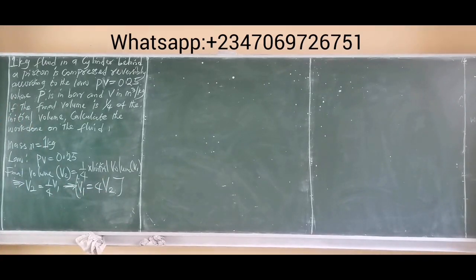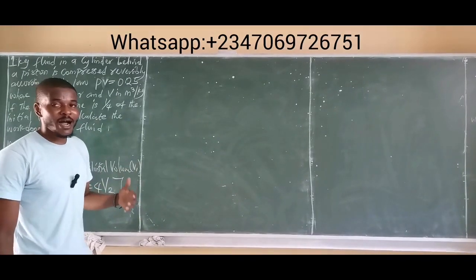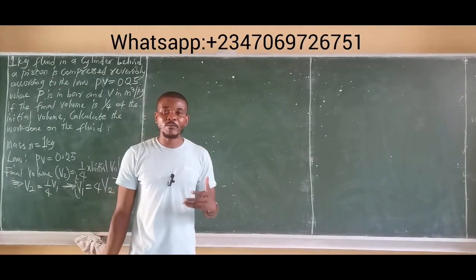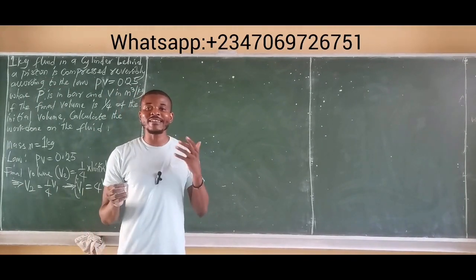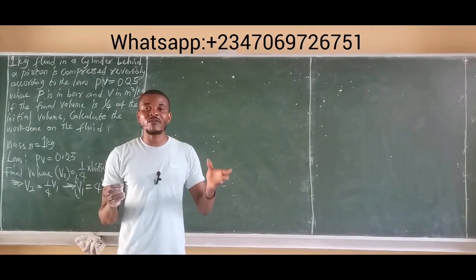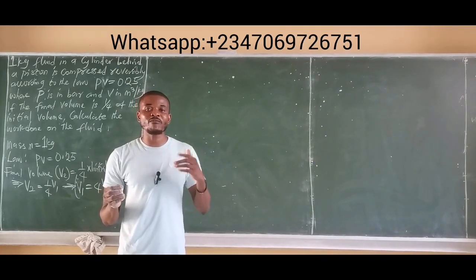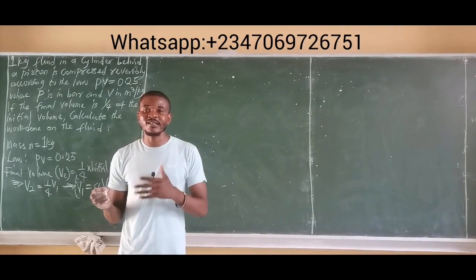All right, another thing to pay attention to here is after the law, they said where P is in bar and V is in meter cube per kilogram. So in the introduction video, I talked about specific properties, and I said specific properties are those properties whose extensive values, or whose total values, are divided by mass. Those properties that are dependent on the quantity of matter in a system are called extensive properties.